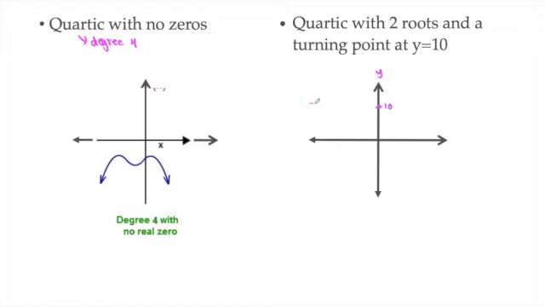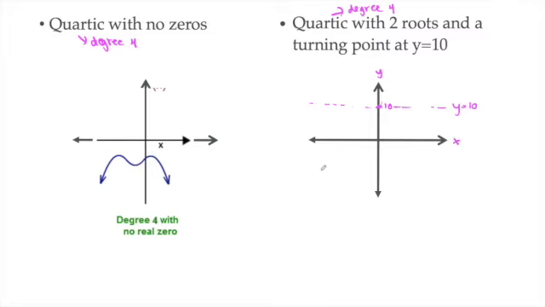So you would have a line here at y equals 10. Okay, so it wants a turning point. It needs to be quartic, so it's degree 4. You know that it's going to have to point down, because to have a turning point here and have 2 roots, it's got to point down.